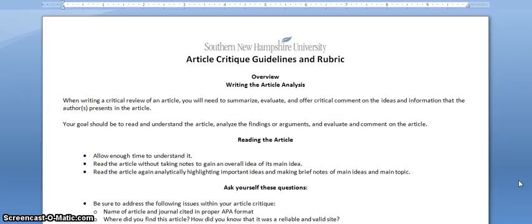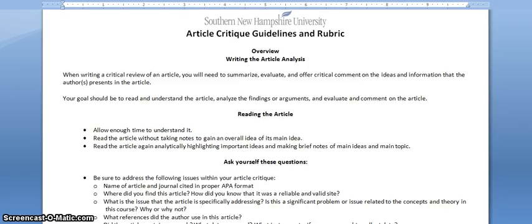So starting with the guidelines and rubrics, it says when you're writing a critical review of an article, you need to summarize, evaluate, and offer critical comments on the ideas and information that the author presents. Your goal should be to read and understand the article, analyze the findings, and evaluate and comment on it.